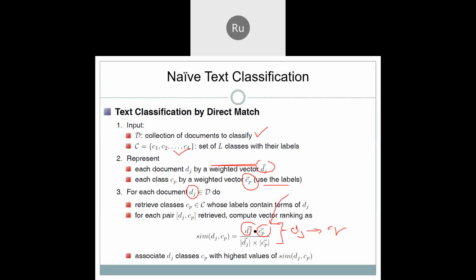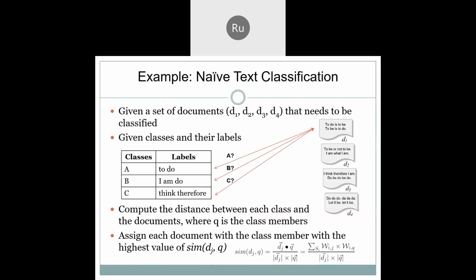So we will assign this new document to the class with the highest value of similarity. That means we are looking at which class is nearest to that particular new document that we have. Let me give you some example.